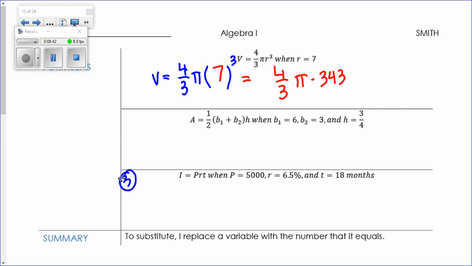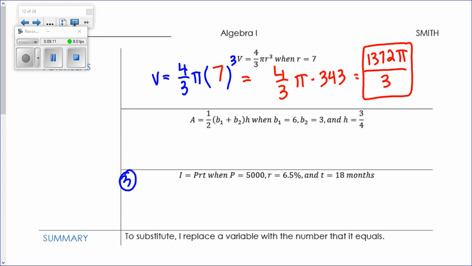Now, doing the math, you get 343 times 4 equals 1372 pi divided by 3. And this is your final answer when you substitute 7 into r.